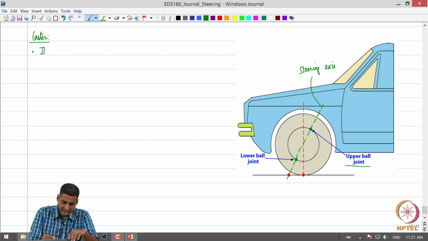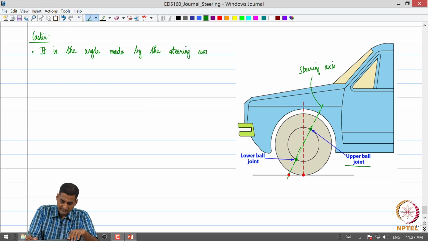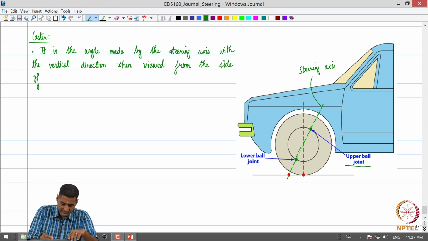So, caster is the angle made by the steering axis with the vertical direction when viewed from the side of the vehicle.